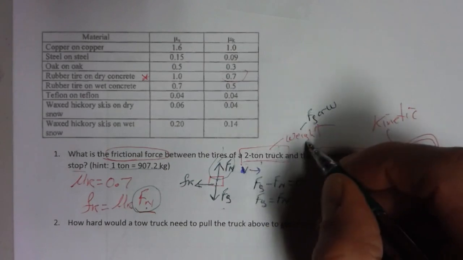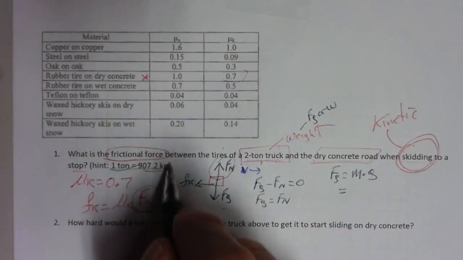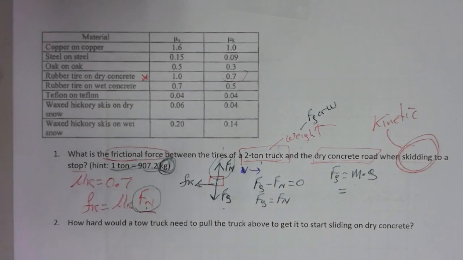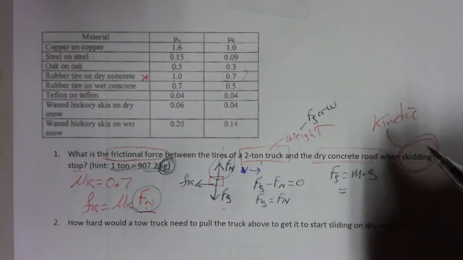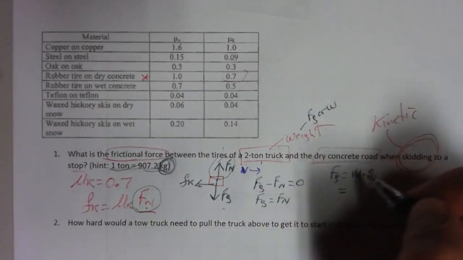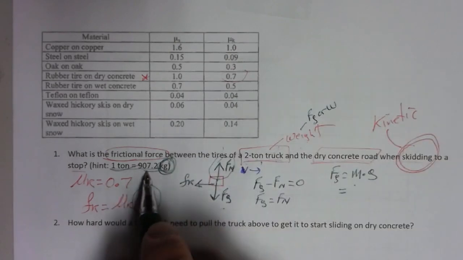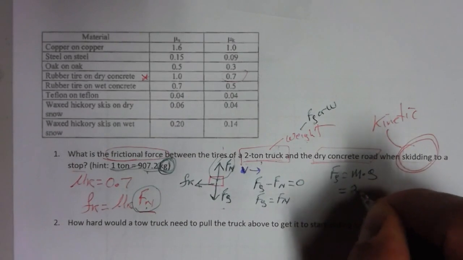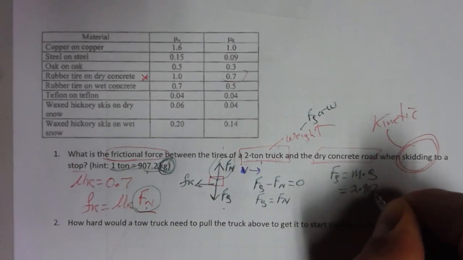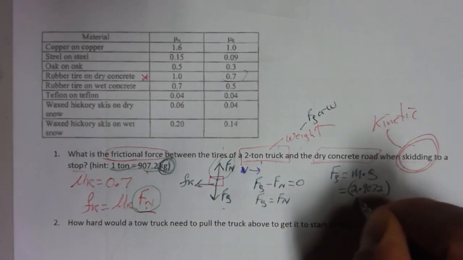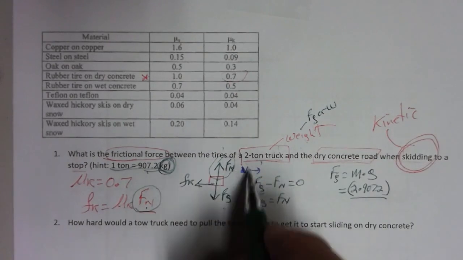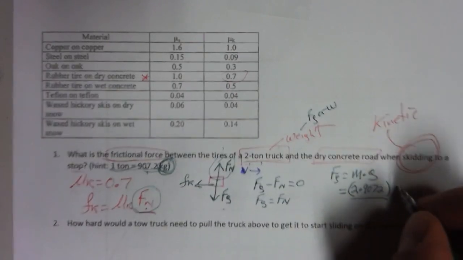The weight is 2 tons, but then they tell us tons in mass. They're giving us mass, so that's a little discrepancy there. So that mass is 2 times 907.2. That's the mass. 2 tons, 907.2 per ton.